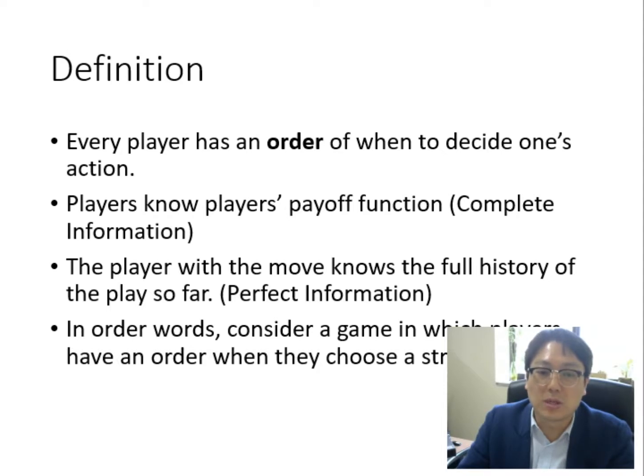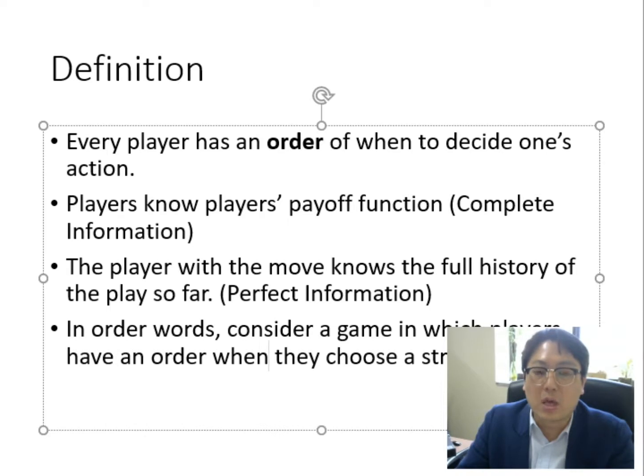I'm going to explain this part later. In other words, we are now considering a game in which players have an order when choosing an action. Previously, we didn't have any orders, but here players have an order. That's the main difference between a dynamic game and a normal form game.